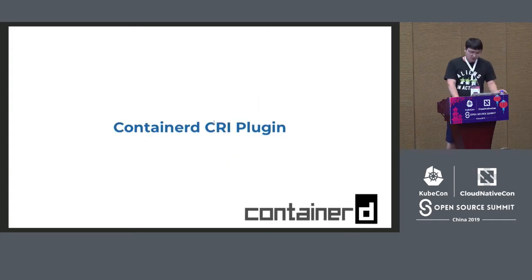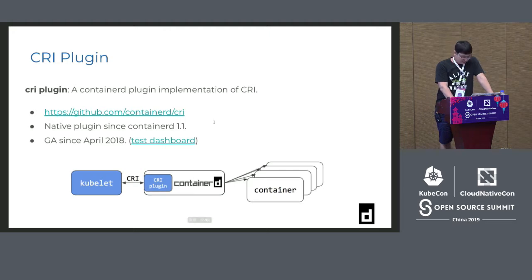So this is about CRI. In order to integrate with Kubernetes, we need to implement CRI. So we have this containerd CRI plugin. Find the code in this link. In version 1.1, we built this into containerd.